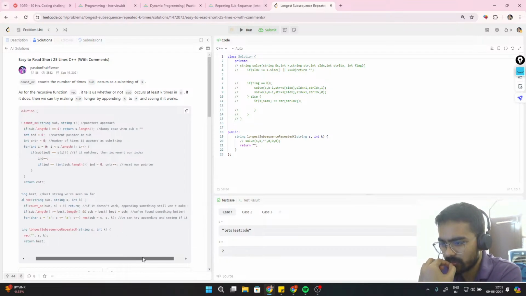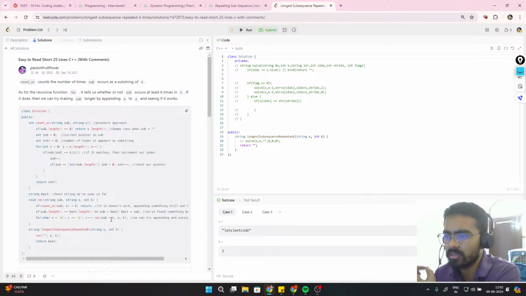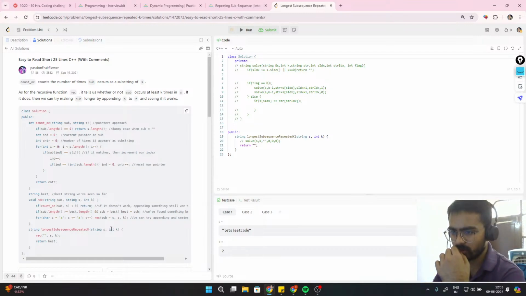This solution might work or might not work regarding time complexity, but I think the intuition behind this question was really good. How he picked each character, adding it to the substring and calling the function again. I'll fall back, add a with a b c d f and then a b, and check whether every string is present or not and how much count it has.